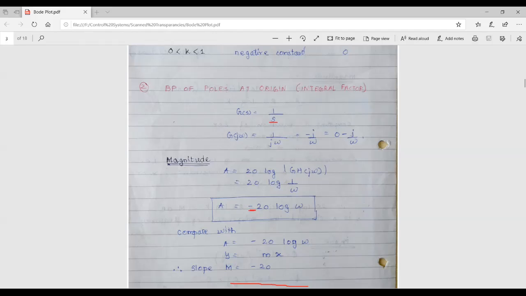So if you have a factor g of s equal to s instead of 1 upon s, the magnitude is going to be plus 20 log of omega. If the factor is 1 upon s in the denominator, then the magnitude is going to be minus 20 log of omega. Now this was all about the magnitude.